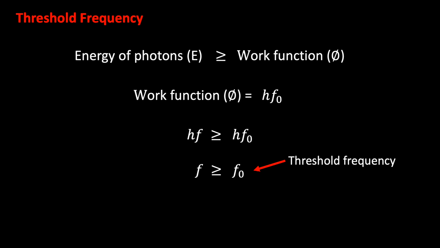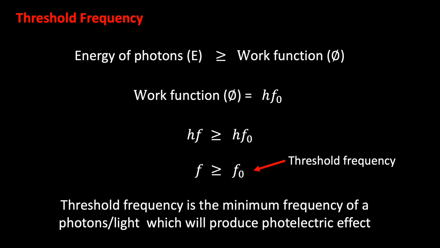The energy of a photon is given by hf, which is greater than or equal to hf naught. Now if we cancel off the h term, we get that the frequency of the photons should be greater than or equal to f naught, and this f naught is the minimum limit of frequency of photons to produce the photoelectric effect. We call this the threshold frequency. In the simplest words, threshold frequency is the minimum frequency of photons or light which will produce the photoelectric effect.